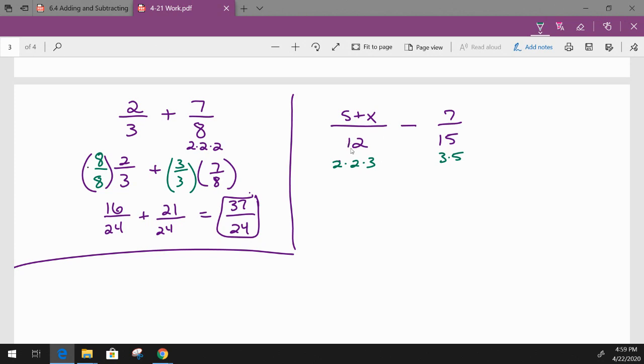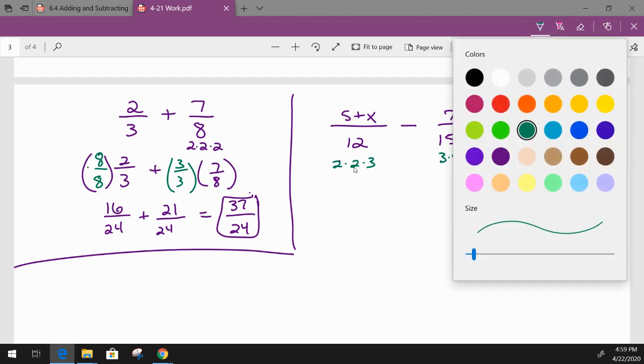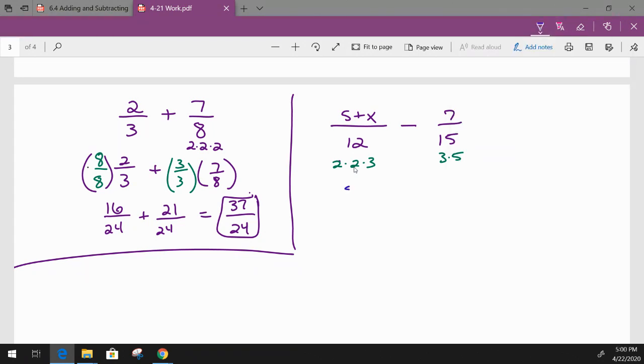But what's missing from the 12 is the 5. What's missing from the 15 is the 2 times 2. So the first fraction, 5 plus x over 12, we only have to multiply it by 5 over 5. So again, we're multiplying it by a value that's equivalent to 1, so that we're not changing the value of the fraction, we're just changing the way it looks, so that we can get a common denominator.